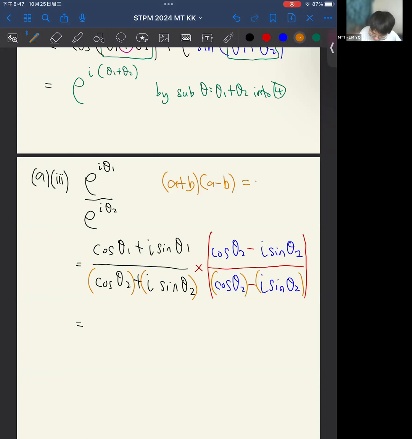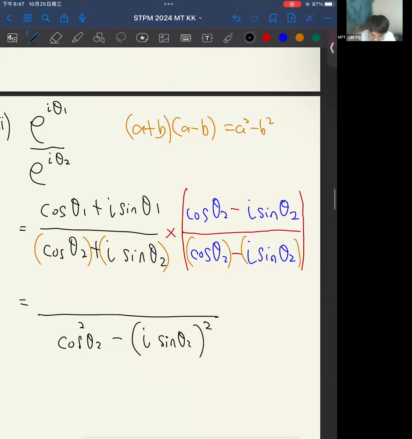So it becomes a squared minus b squared. The denominator now is cos θ2 squared, minus, inside is i sin θ2, and then we square. I put it like this, better for you to see. It is a squared minus b squared. What is the upper part? The upper part, you try to show by yourself.